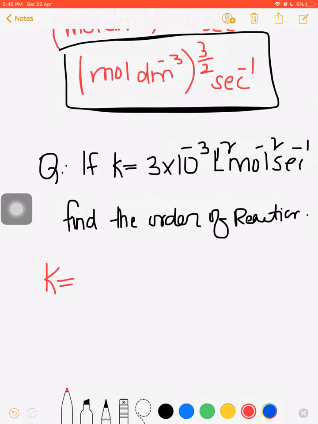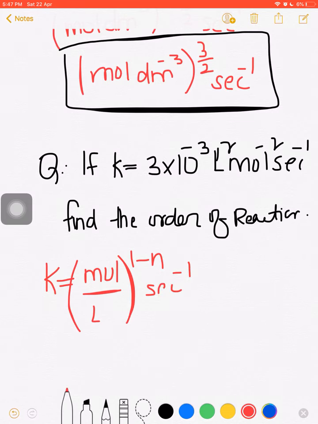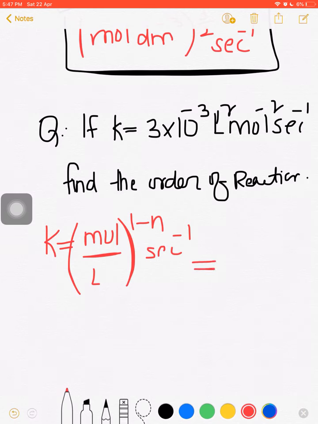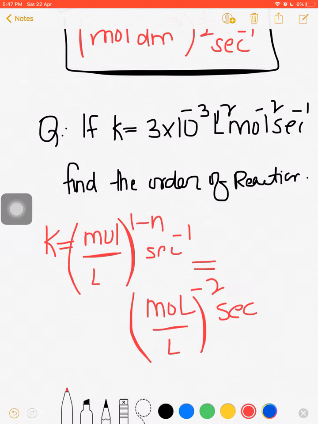We know that k is equal to mole per liter to the power 1 minus n, second inverse, right? I've done nothing, I've just replaced dm cube with liter. Here the value is basically mole liter to the power minus 2, second inverse.